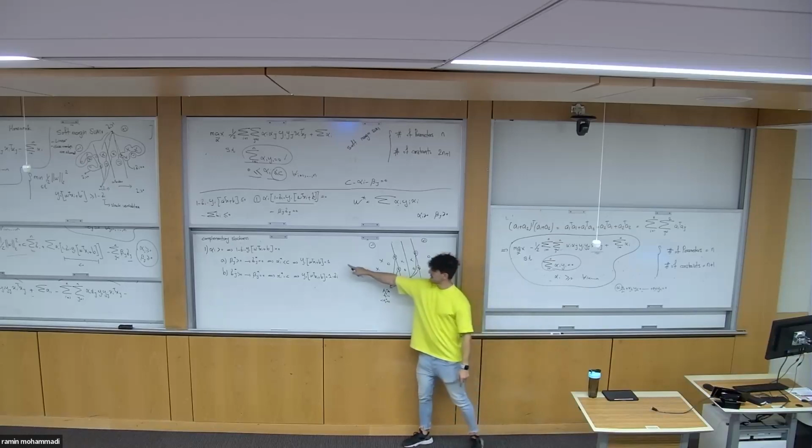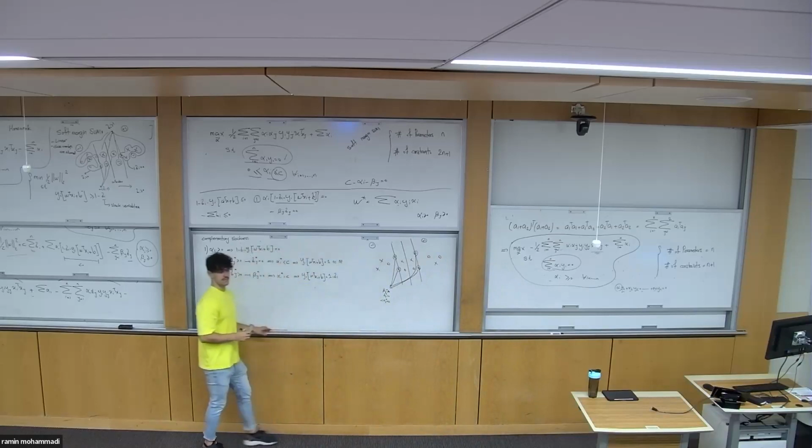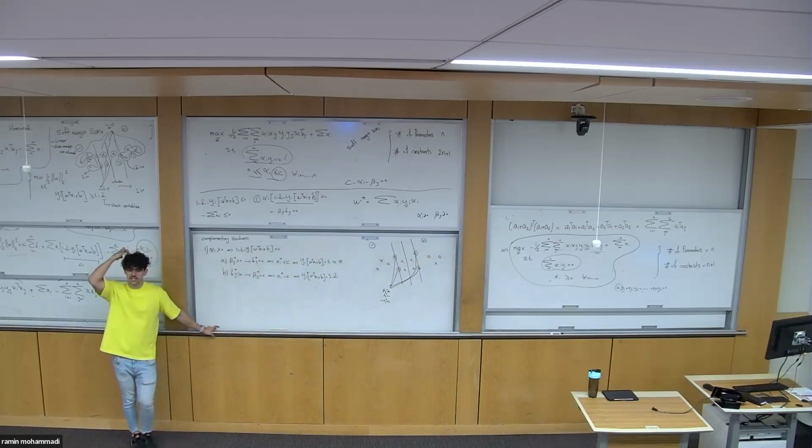Correct? So these are support vector points. Support vector points are any points on the decision boundary.